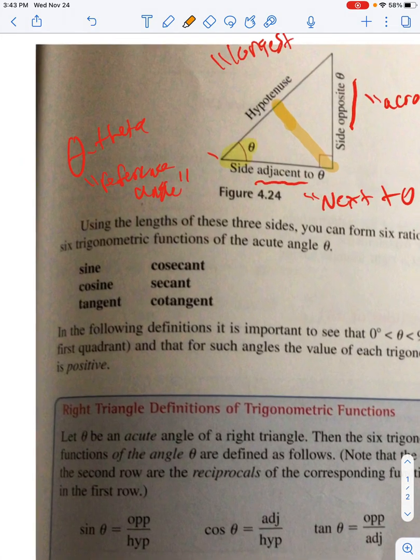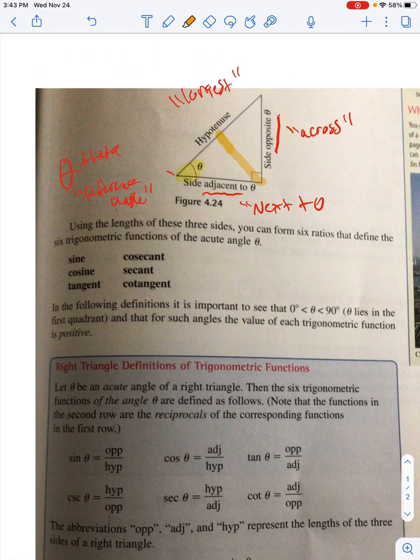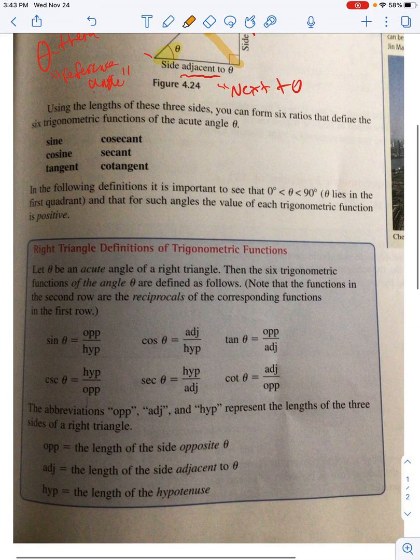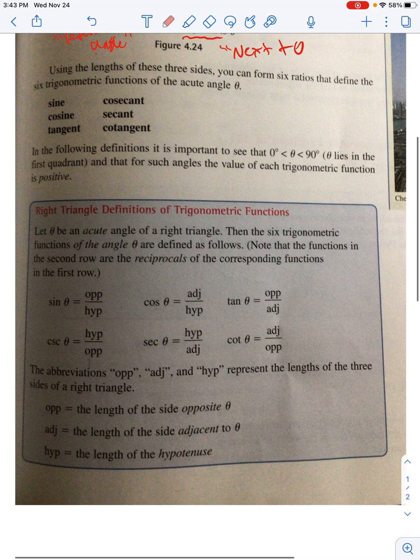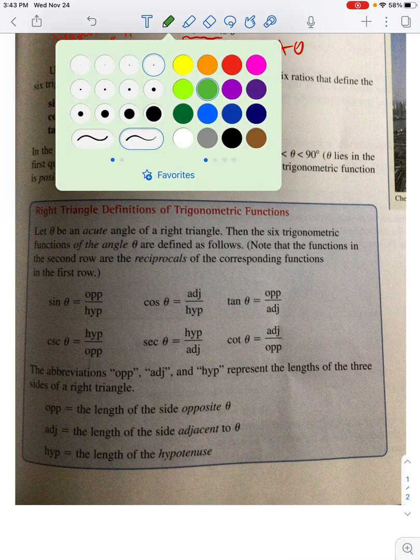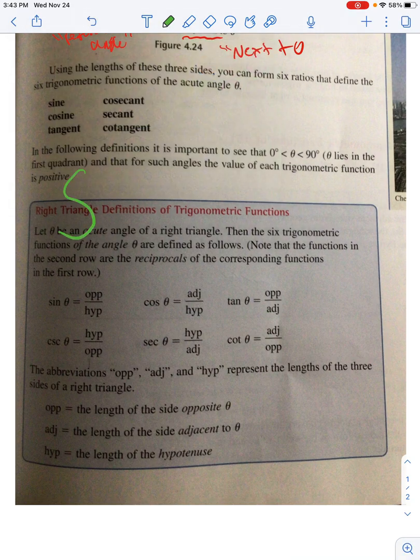So we can form 6 different ratios. We have sine, cosine, tangent, cosecant, secant, and cotangent. And again, sine and cosecant are related to each other. We have a nice way to remember this, and it is called SOHCAHTOA.